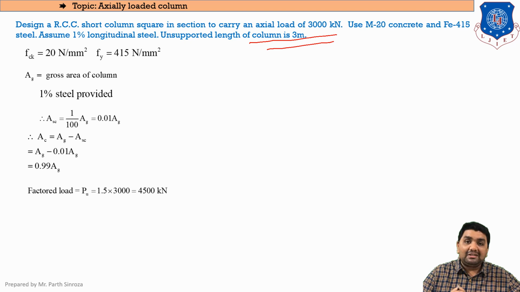But here it is given simply as axial load. It is not mentioned whether it is a design load, factored load or ultimate load. So the first step will be to find the factored load or design load. The factored load in this case will be 1.5 times the load that is given, so the answer comes out to be 4500 kN.